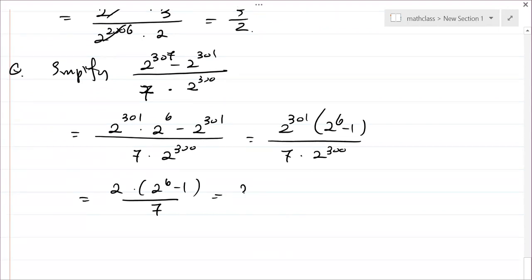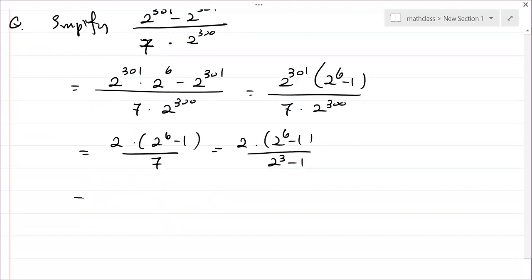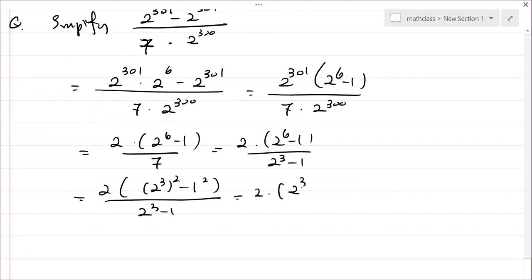My suggestion is, I change 7 to 2 cubed minus 1. And the numerator is 2 cubed squared minus 1 squared. So the numerator will be 2 cubed minus 1, 2 cubed plus 1, divided by 2 cubed minus 1.